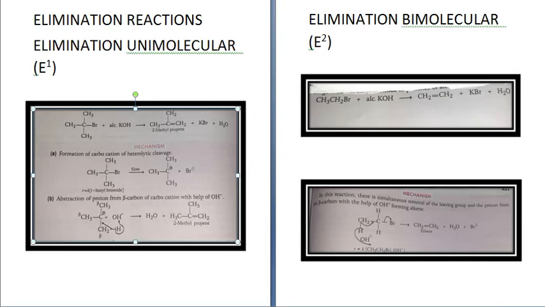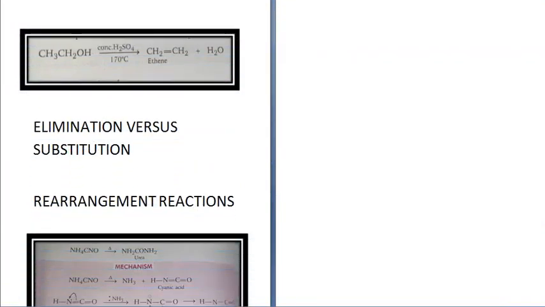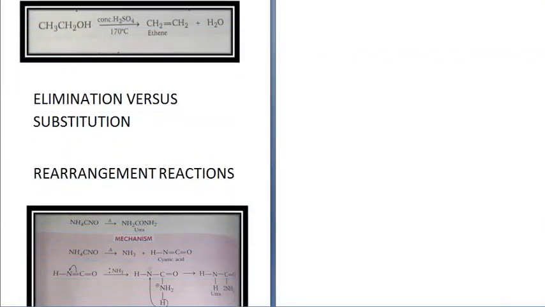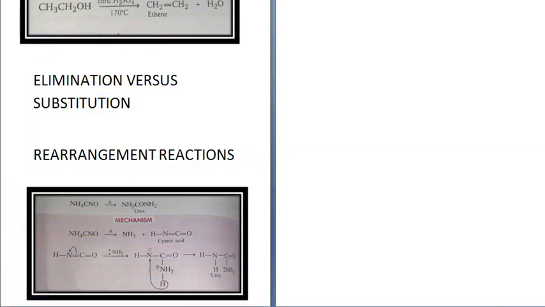Next we move on to elimination versus substitution. Now see, high temperature favors elimination over substitution. Second is, if the solvent is of low polarity like alcoholic KOH, then elimination will take place.